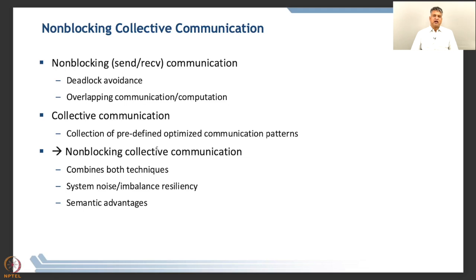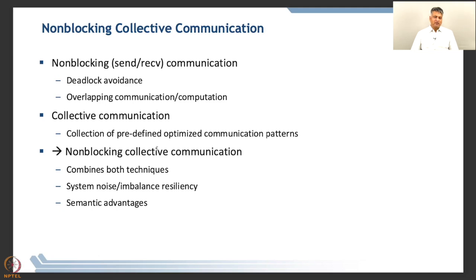So, receives are blocking by nature, but the program would like to go ahead if the usage of that data is going to be only later in the program. So, you would like to overlap communication and computation. For that you would use non-blocking sends and receives, examples of which we will talk about in future classes.